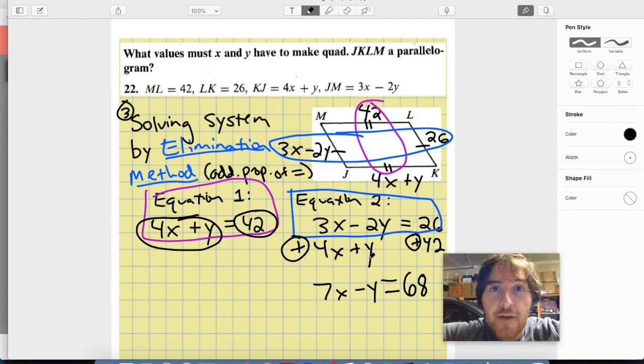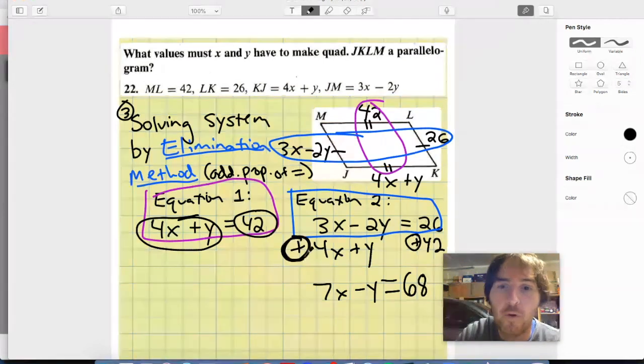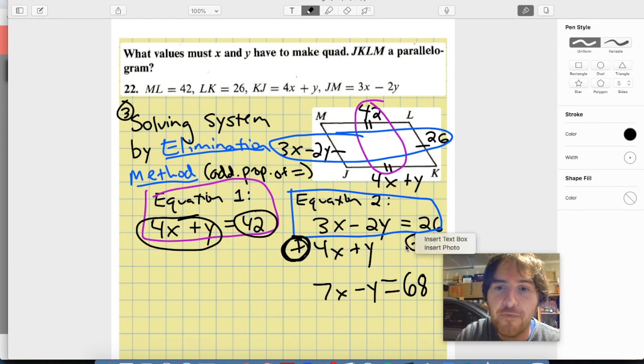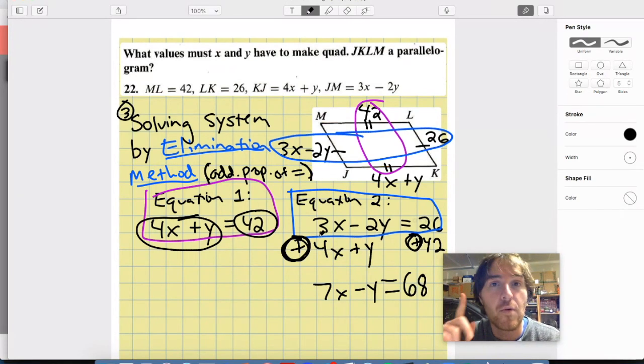Why are you allowed to do that? Why was I allowed to add 4x plus y to the left side and 42 to the right side of the equals? Well, the addition property of equality. Understanding that property is important to understanding the elimination method and why you can do this.